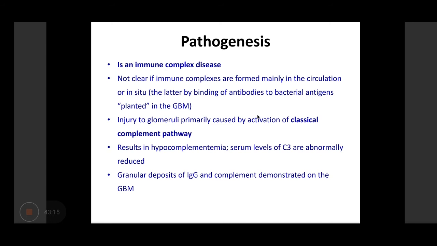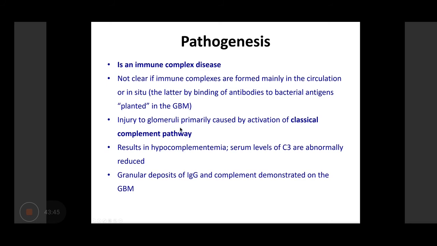Whether these complexes are formed in circulation and then deposit in the kidneys, or the antigen is primarily deposited in the GBM and antibodies then come and attack it, is not very clear. But definitely the disease is caused by an antigen-antibody mediated reaction.